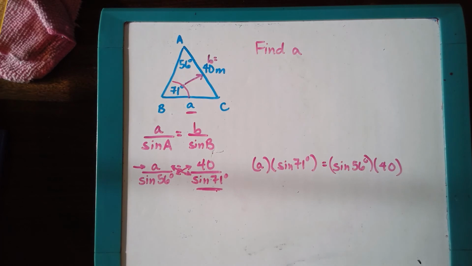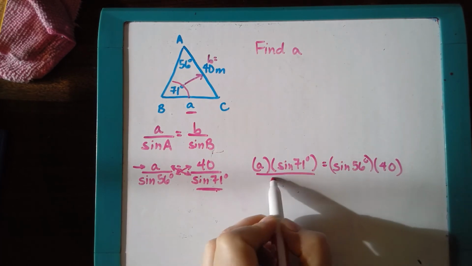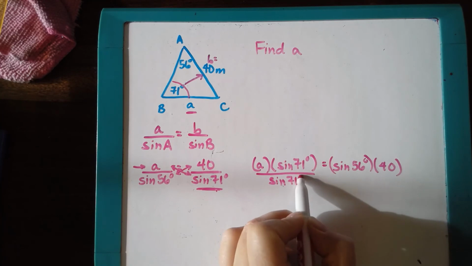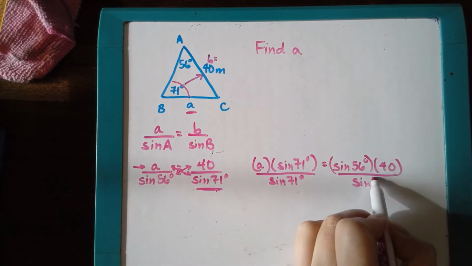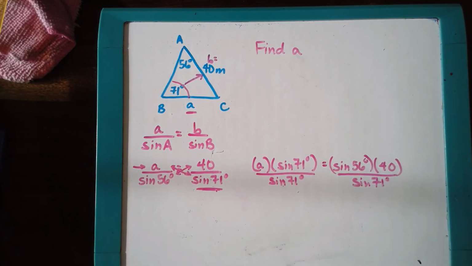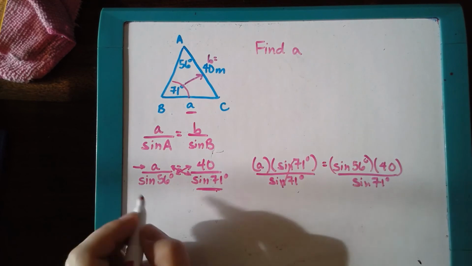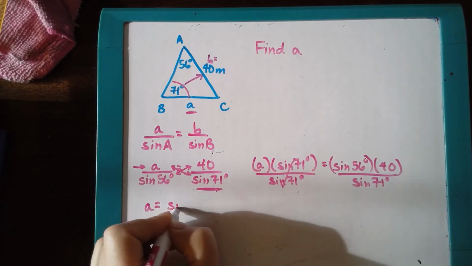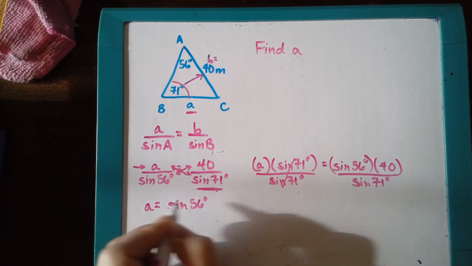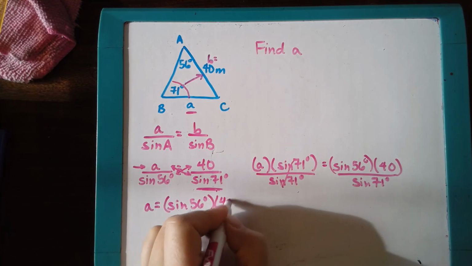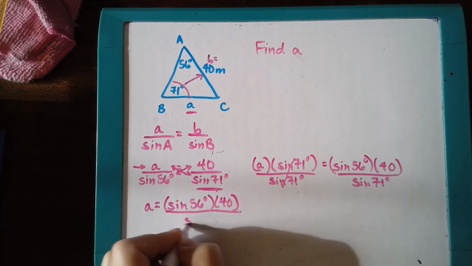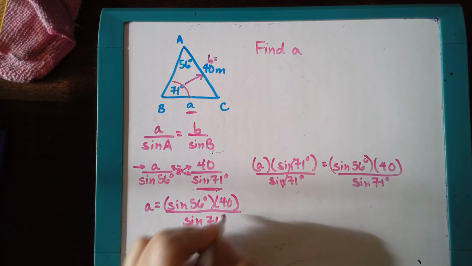And that's a little bit easier to see what we do next. Now we're going to divide both sides by sine 71. So then we're left with A equals sine 56 times 40 divided by sine 71.